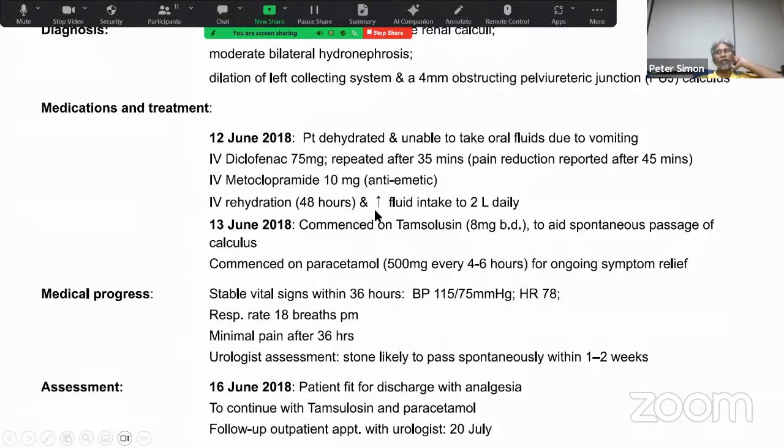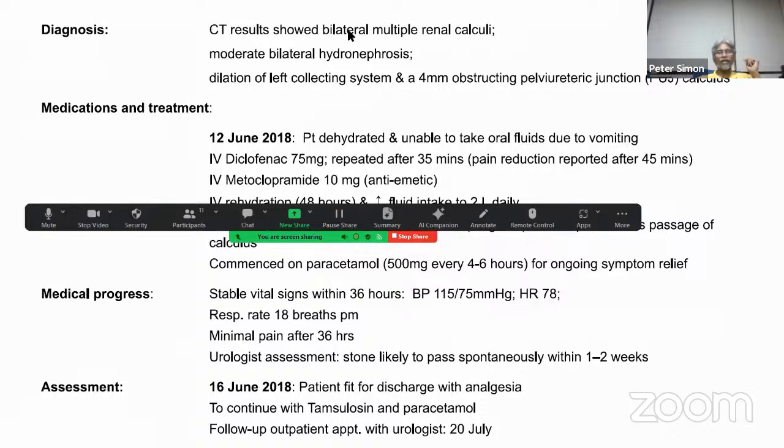Bilateral multiple renal calculi. Here it is. First line.